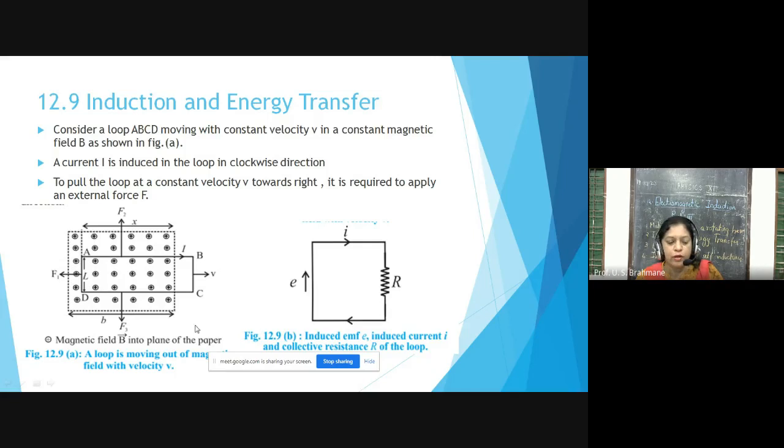The loop is moving out of the magnetic field with velocity v, and there is an induced EMF, an induced current I, and a collective resistance R of the loop.